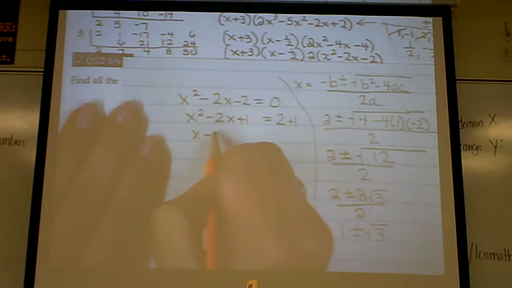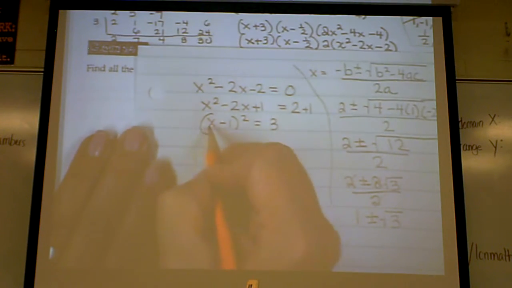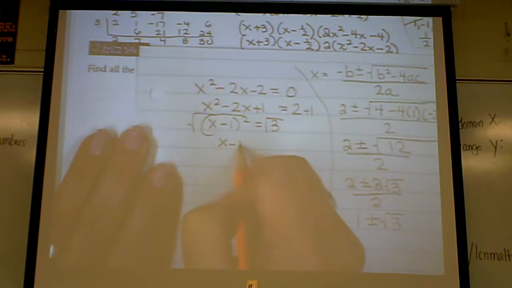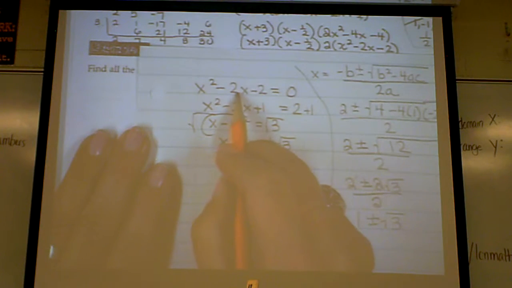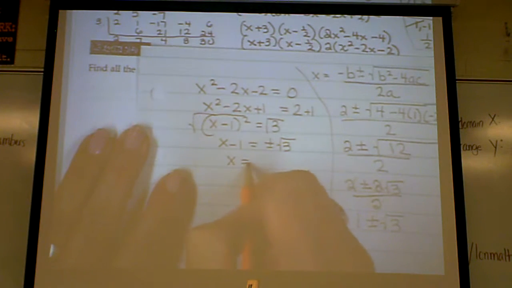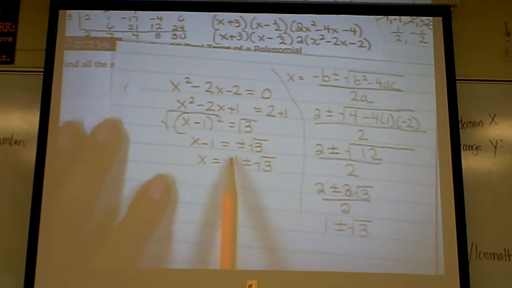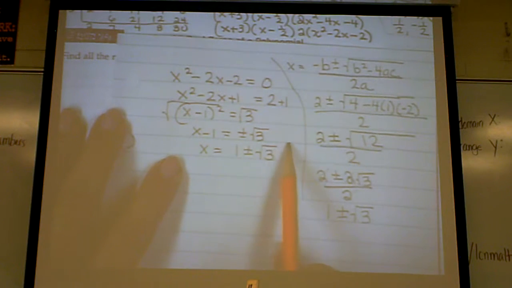So you get x, factor this, x minus 1 squared equals 3. Remember what to do next? I think completing the square is easier than the quadratic in some cases when this is an even number. And then add 1. Now, to me, that was a lot shorter than doing this quadratic formula. But look at that, you get the same answer.